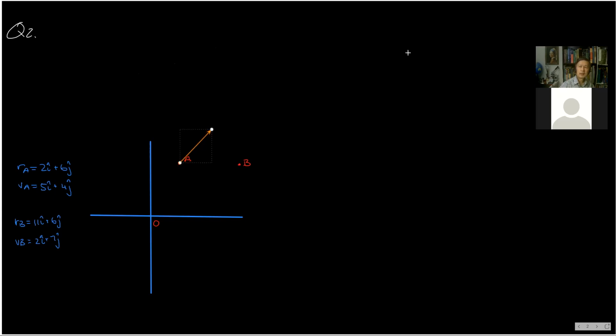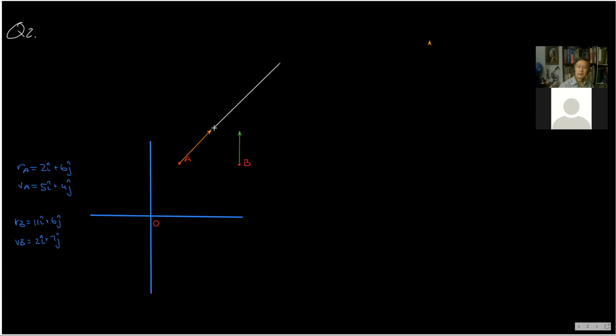That's velocity A. What is velocity B? Looks like velocity B is 2, 7. So 2, 7 goes that way. Ultimately, they encounter each other. So in this way we know this direction, and this direction. The times are different.